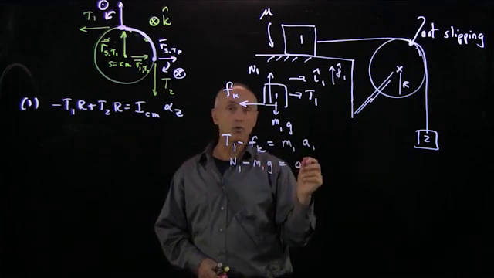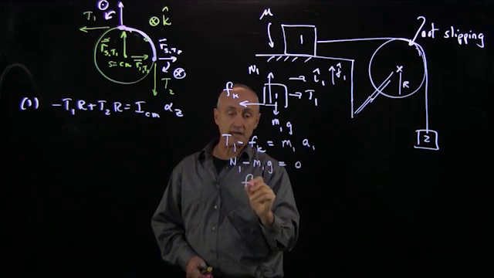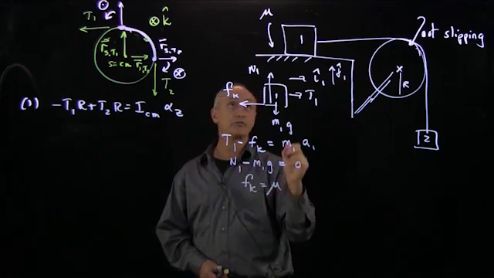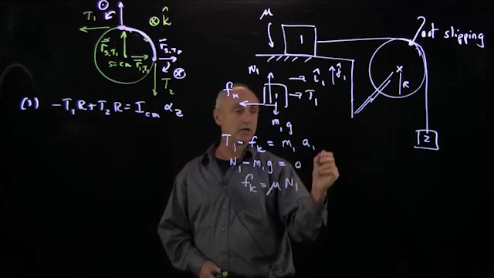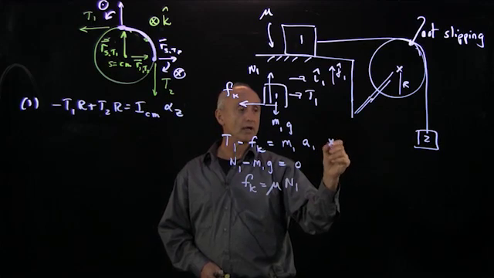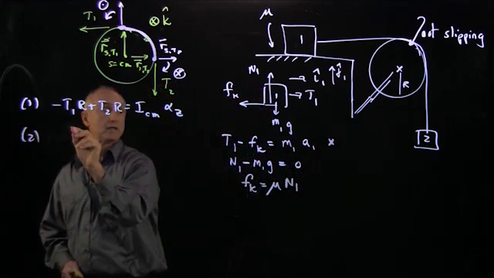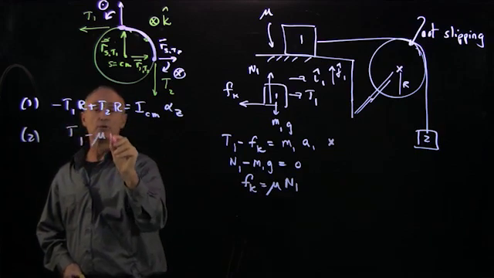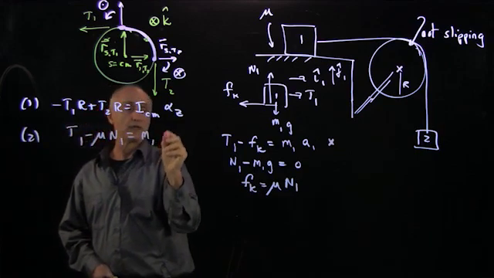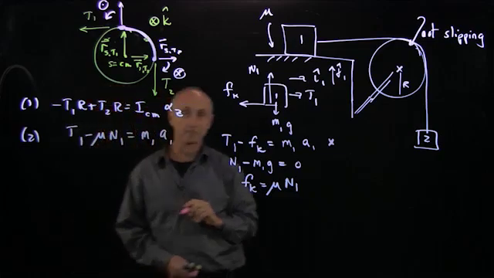Now, I also know that the kinetic friction, F_k, is the coefficient of friction mu times N1. So my next equation for F equals ma on object 1 is T1 minus mu N1 equals M1 A1.